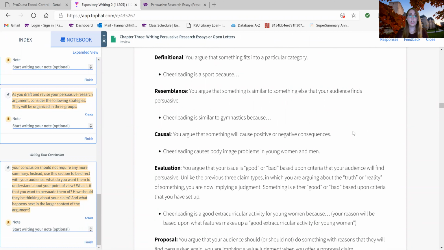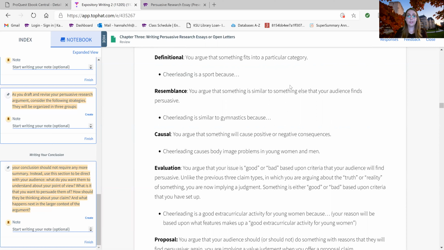So if you recall, I mentioned in one of the lectures that these claim types can be used within your essay as part of your rationale, so part of your reasoning. So an example of that is the resemblance claim type. A resemblance is when you are making a comparison to something else, to a similar claim.